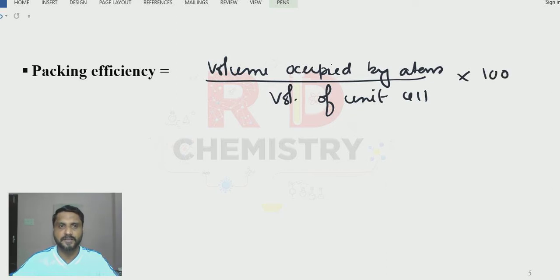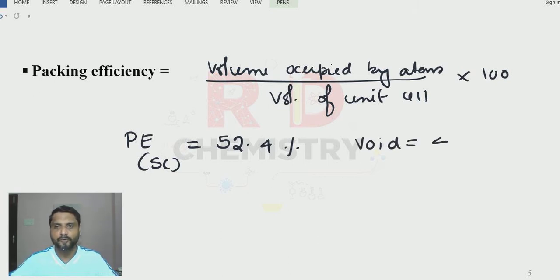Okay, out of 100%, that is the packing efficiency. Now remember, packing efficiency for simple cube is equal to 52.4%, correct? Therefore, the remaining space is called the void, and that void is the remaining percentage, 47.6%, which is empty space, correct?